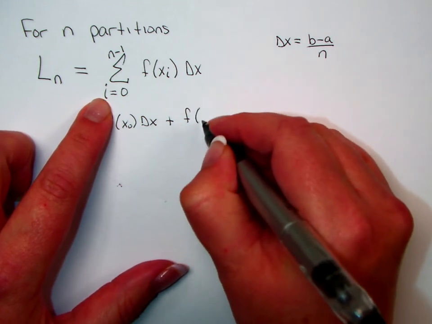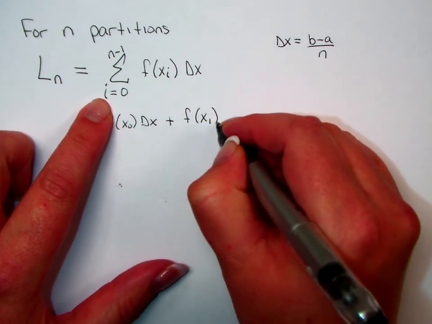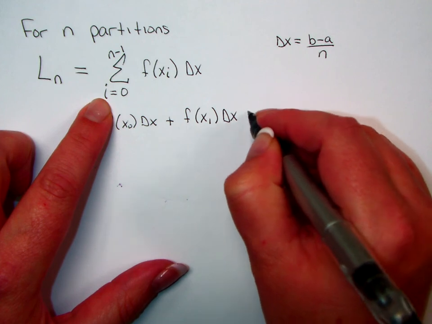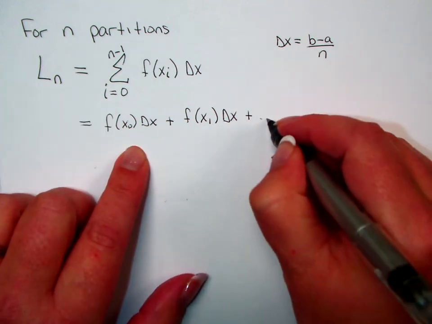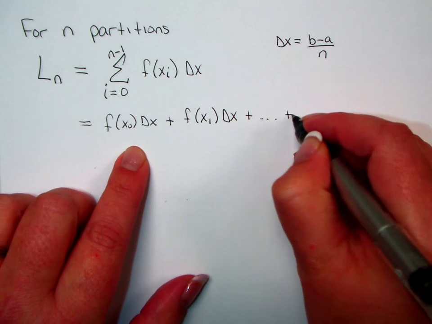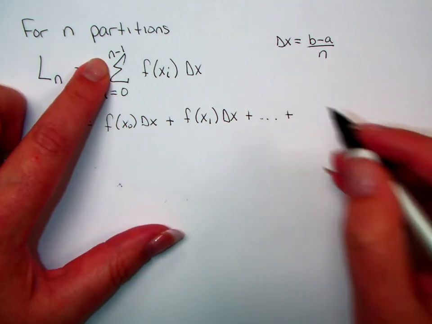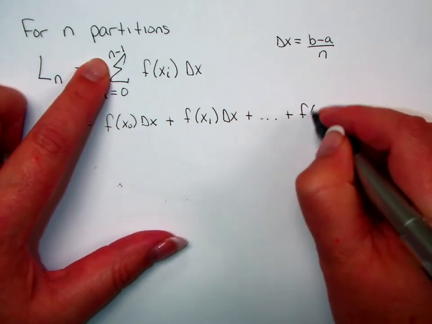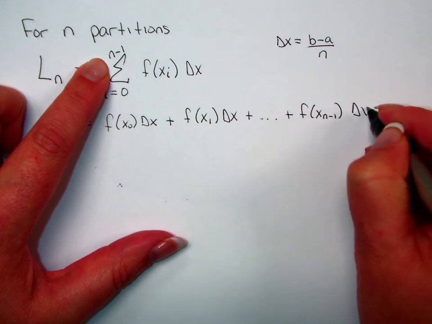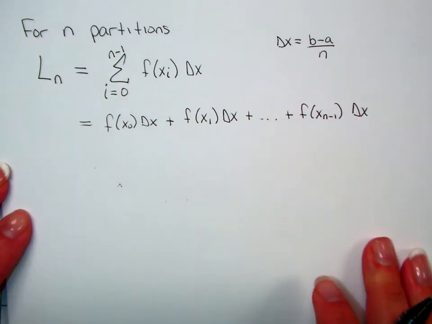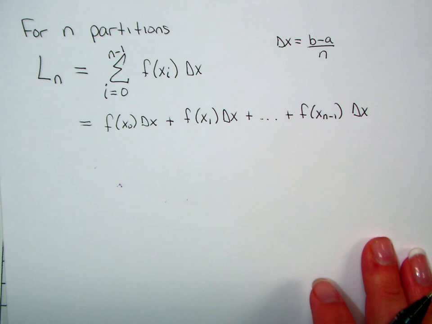So we're going to do the function value at x of 1 times delta x. And we're going to keep increasing our index until we get to the last one. We're going to stop at n minus 1. So this is going to be f of x of n minus 1 times delta x. There's our left-hand n partitions.